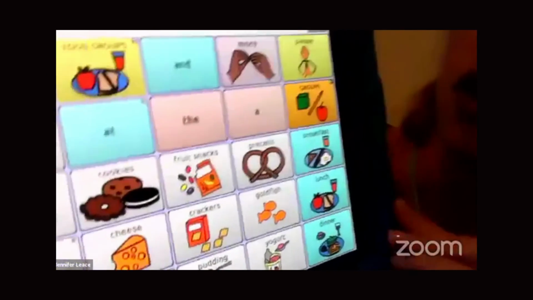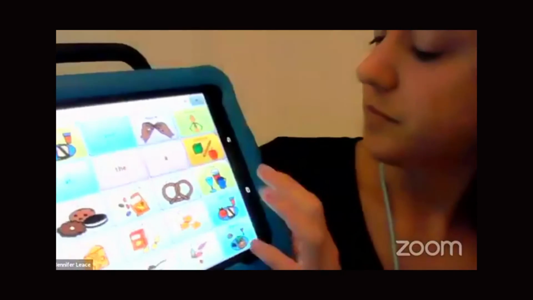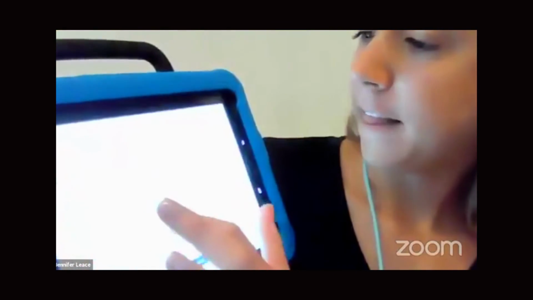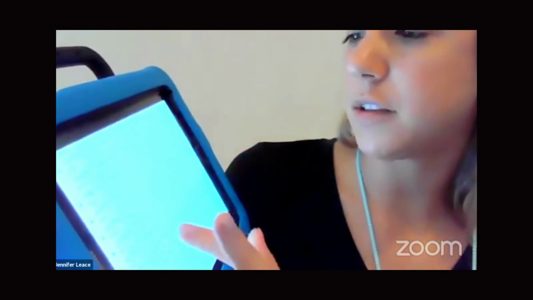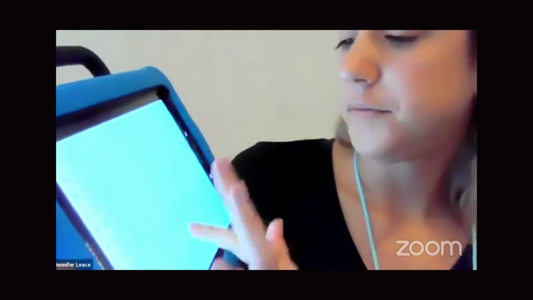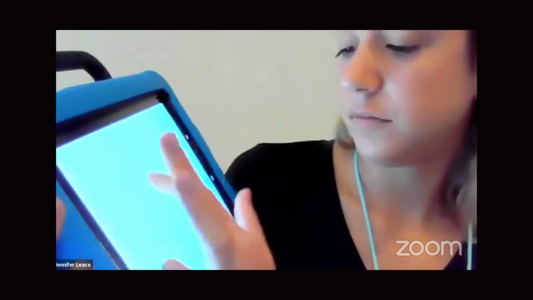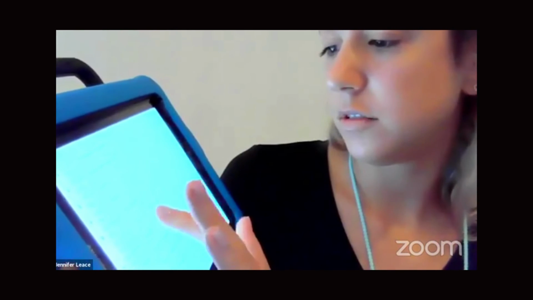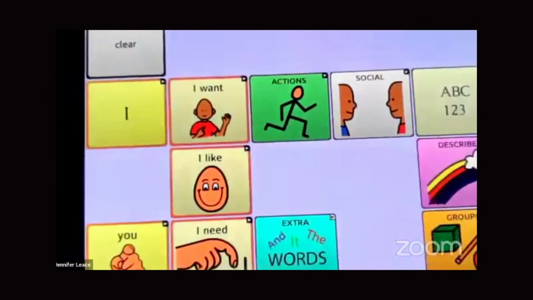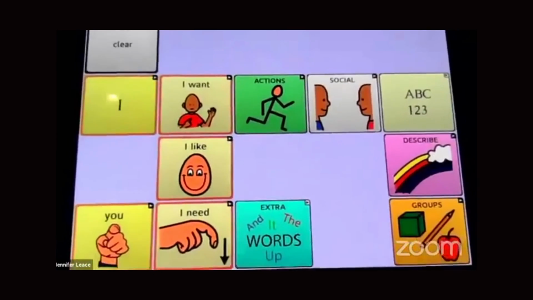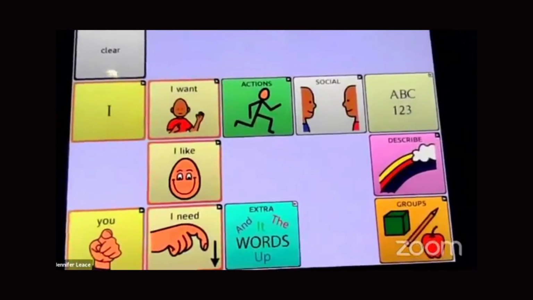What's also great about this is, depending on your client's skill level, you can change the amount of pictures you see. So I'm going to show you as I scroll. This is for someone that maybe is new to AAC, and having 60 icons is too much for them.